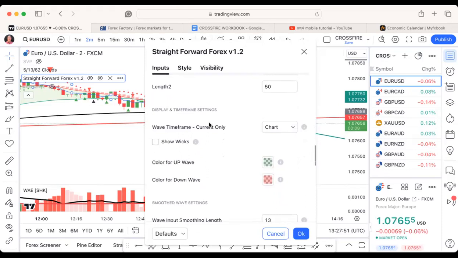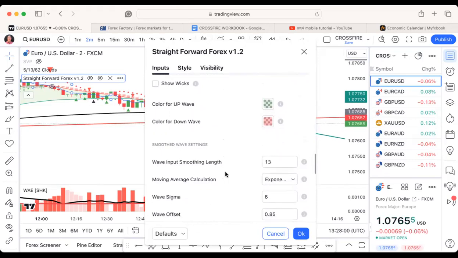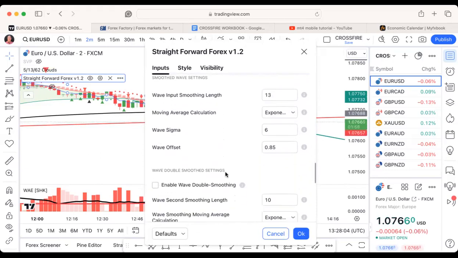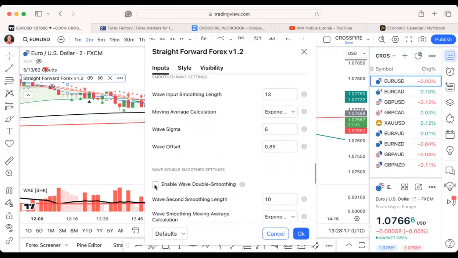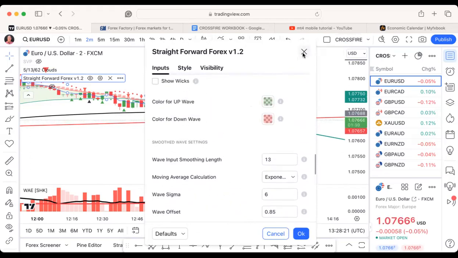Wave second, wave input, smoothing length. I've got 13 on the second, not on the first. Why did I do that? Okay, so that's 13 on the wave input smoothing length. And I've got the double smoothing length unticked. Unticked, yeah, okay. All right, cheers. That would explain the difference in wave.